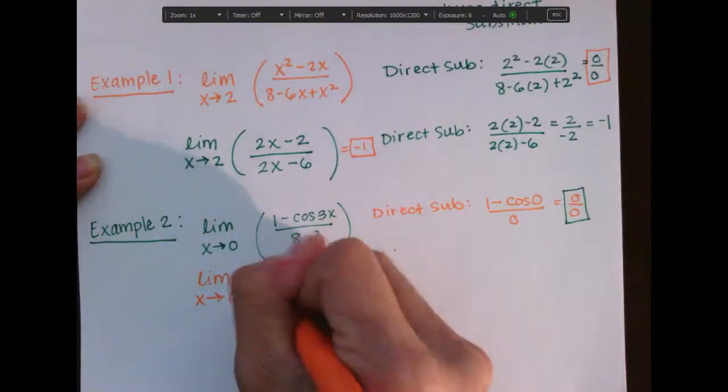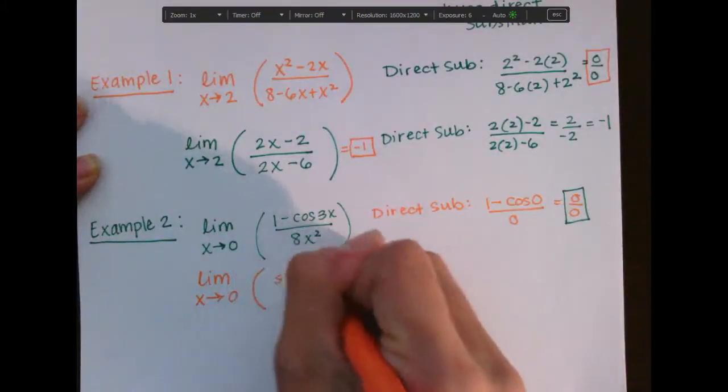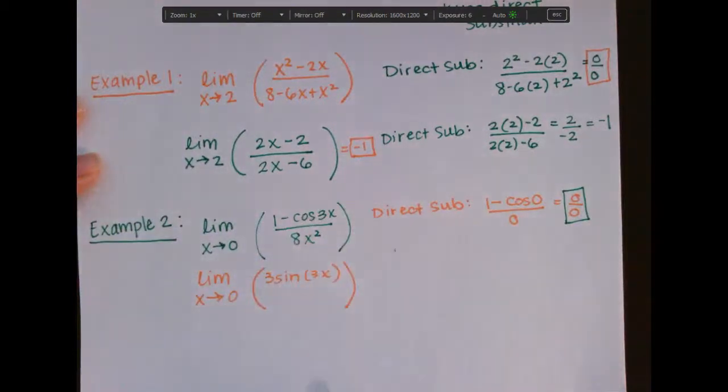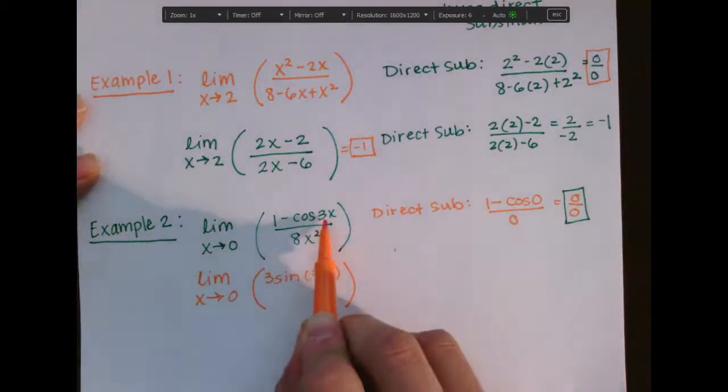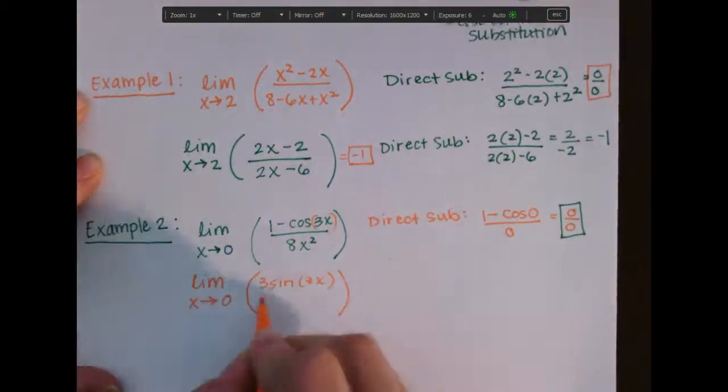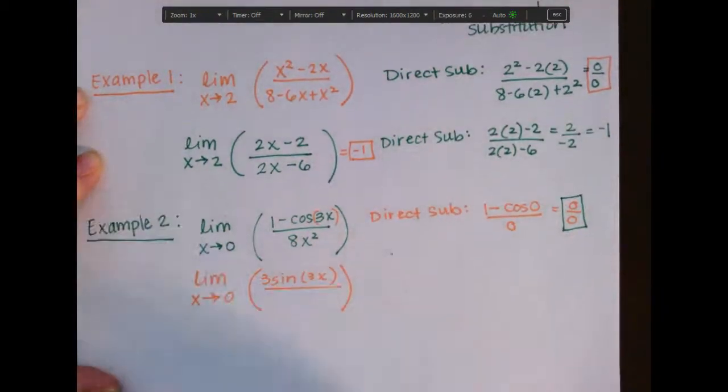So we end up with positive sine 3x. Chain rule says I then have to multiply by 3. Notice I put parentheses in here that weren't there before. They're optional. Let's take the derivative of the bottom. 8 times 2 is 16, x to the first.